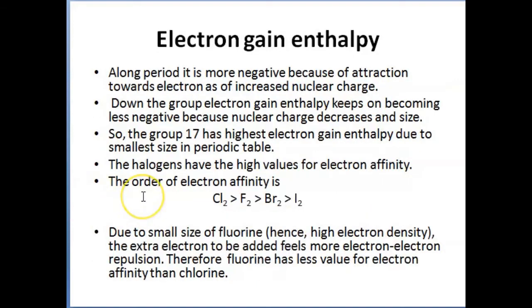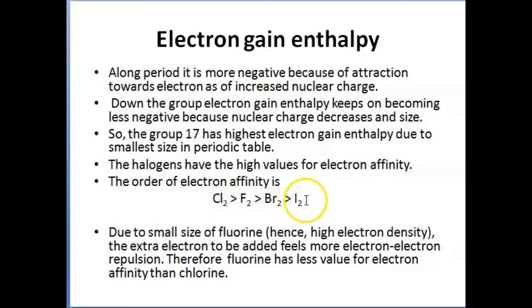Next is the electron gain enthalpy. Along a period it is more negative because of the attraction towards electrons due to increased nuclear charge. But going down the group, electron gain enthalpy becomes less negative because the effective nuclear charge decreases and the size increases. Group 17 has the highest electron gain enthalpy because of the smallest size in the periodic table, and halogens have high values for electron affinity.